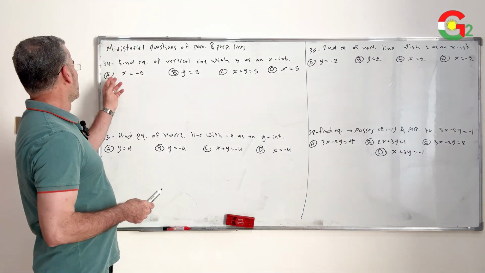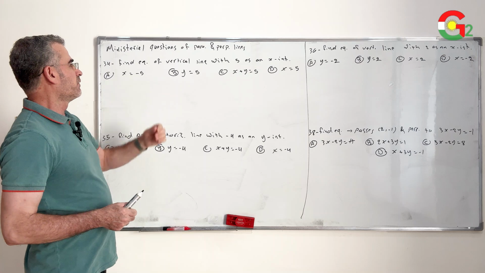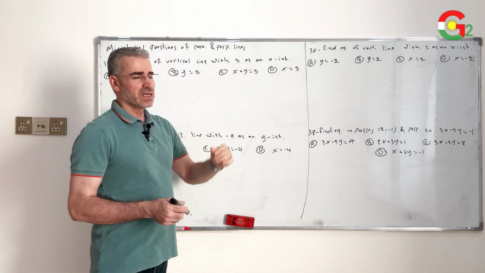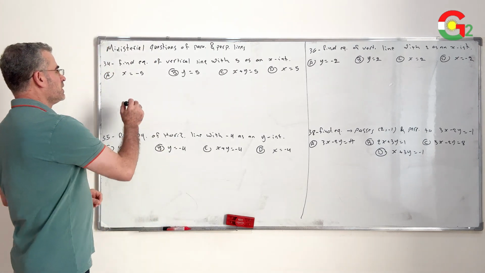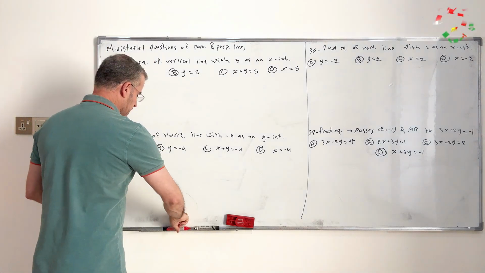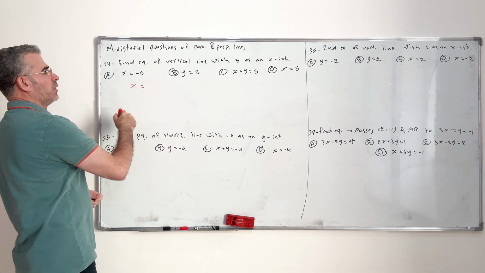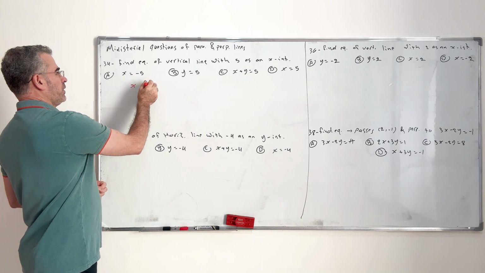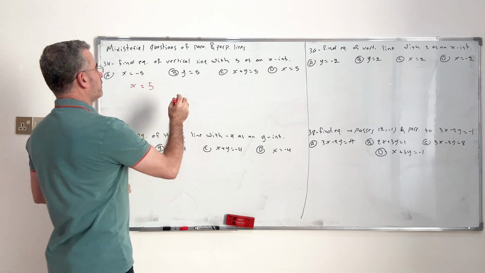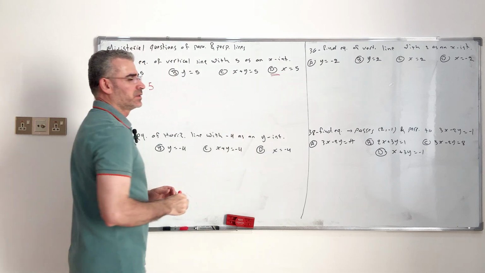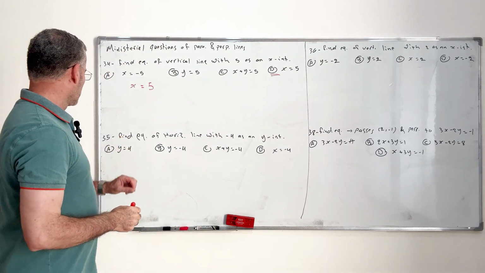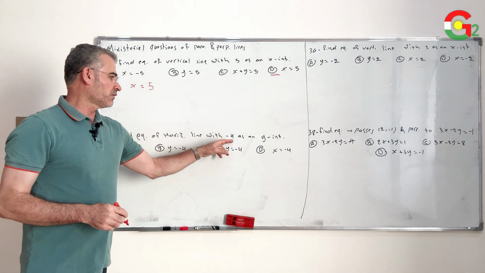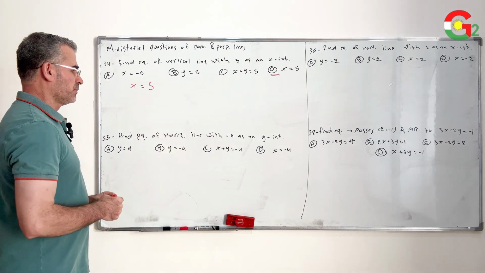Question number 34. Find the equation of the vertical line with 5 as x-intercept. Vertical line means the equation is x = a number. What is the number? It is the x-intercept point. Then x = 5 is the right choice. Question number 35. Find the equation of the horizontal line with -4 as the y-intercept.